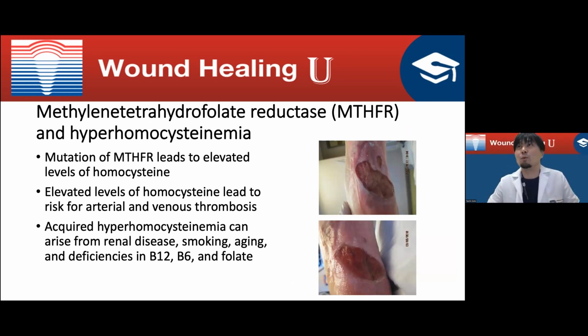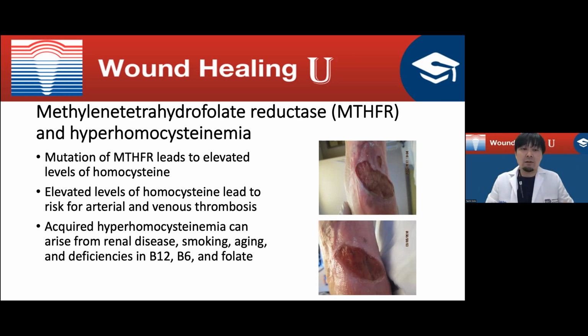This is one of the most difficult to pronounce, but this condition is methylenetetrahydrofolate reductase mutation, resulting in hyperhomocysteinemia. So this mutation leads to elevated levels of homocysteine, which is a risk factor for arterial and venous thrombosis.